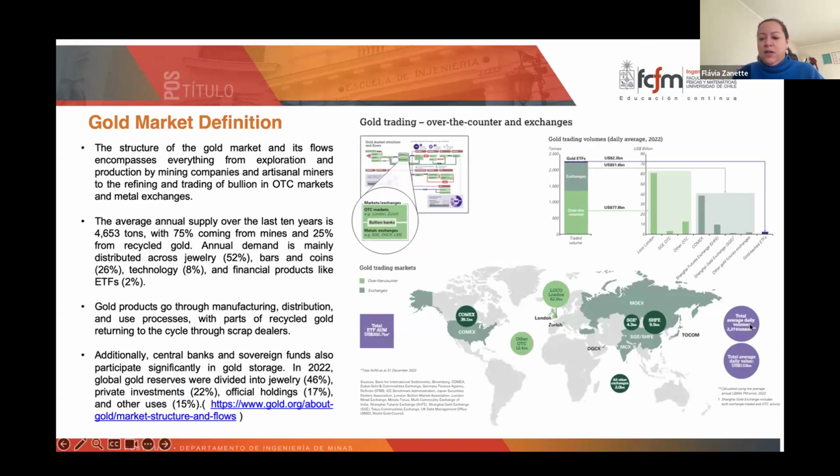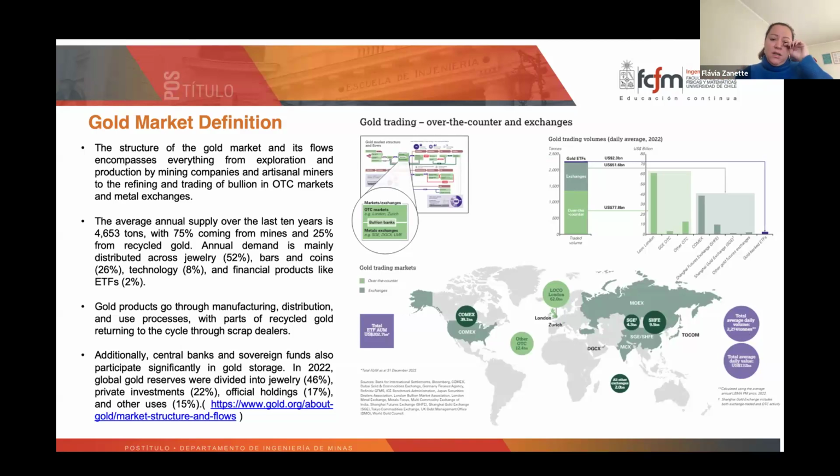I'm sorry if you don't see my cursor. It's 274 tons total volume produced. And we're going to confirm the information later with the analysis of the supply and demand.